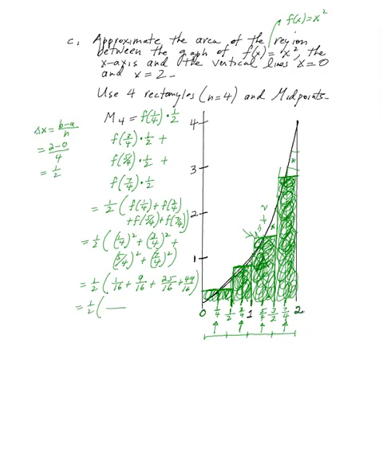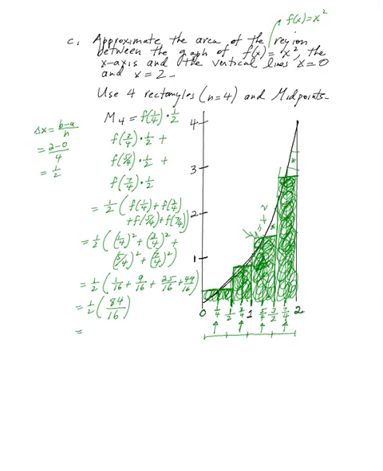So how many 16ths do I have? 1 plus 9 is 10, plus 25 is 35, plus 49, I get 84. I just added 1 and 9 and 25 and 49.